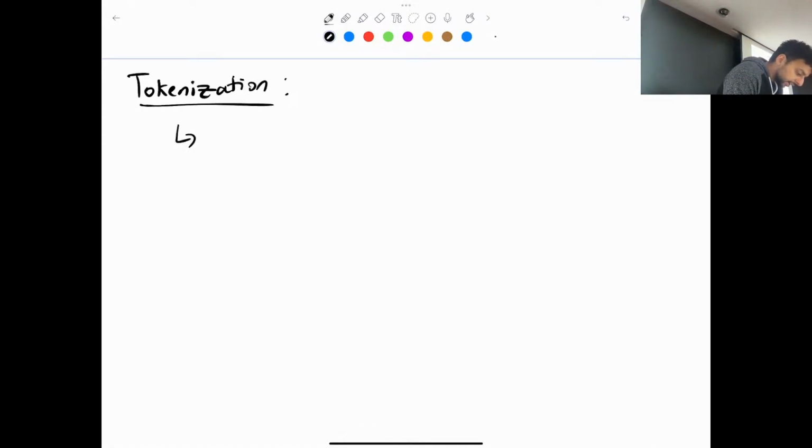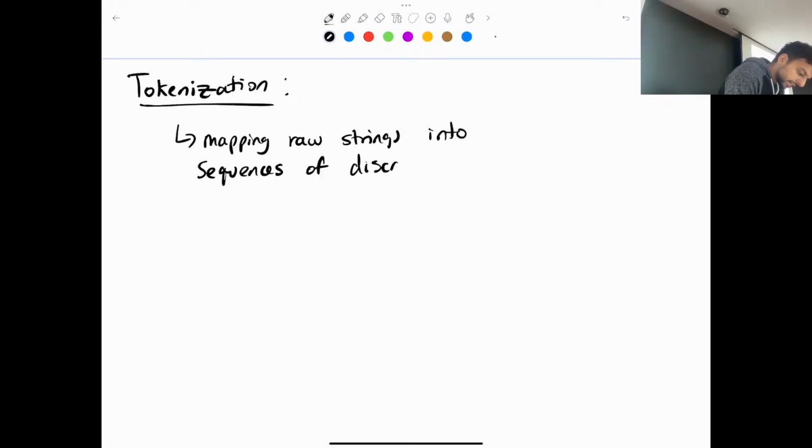So the process of tokenization is basically mapping raw strings into sequences of discrete tokens. And here again, we will make the type-token distinction. The tokens are drawn from a vocab of types.